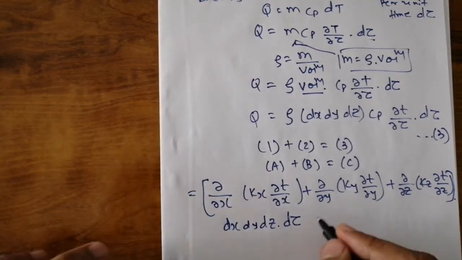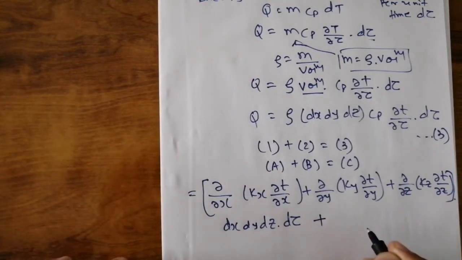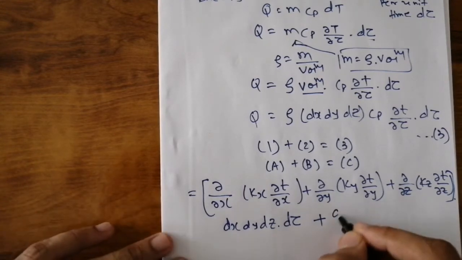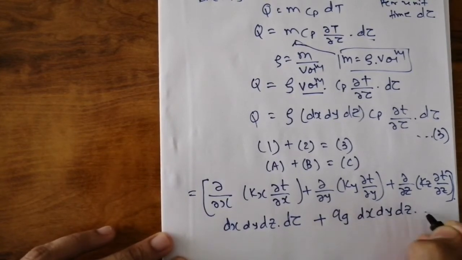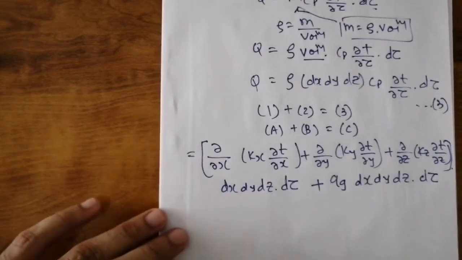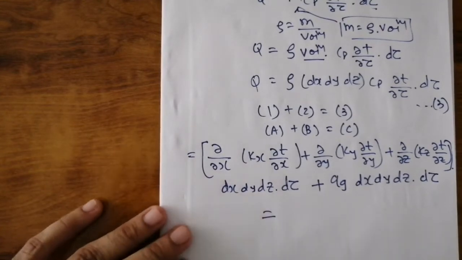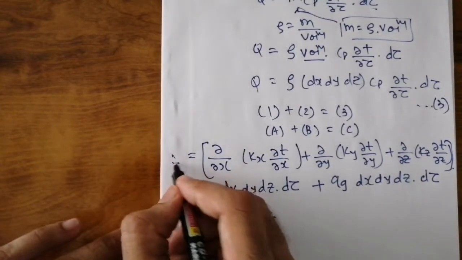Equation 1 is over. Similarly, equation 2 is the energy generated within the element, which is qg dx dy dz into d tau.